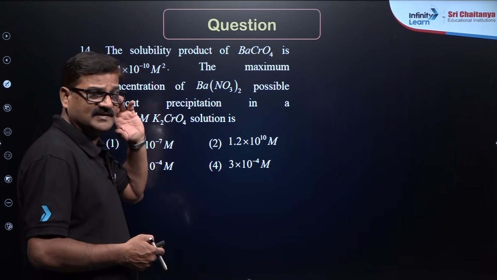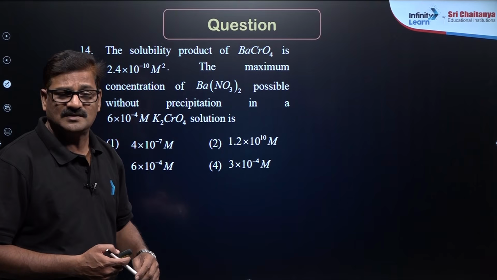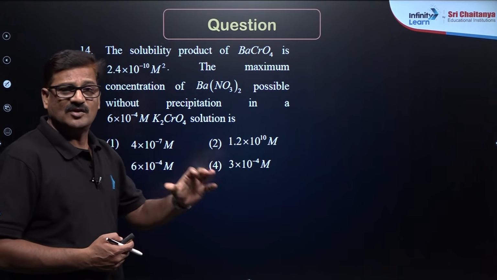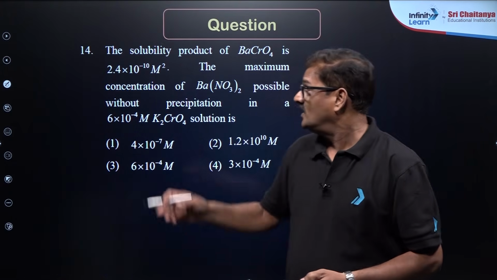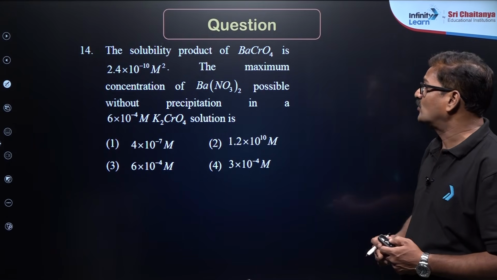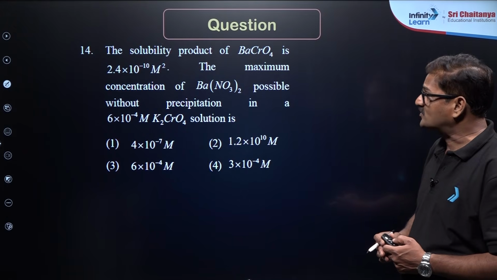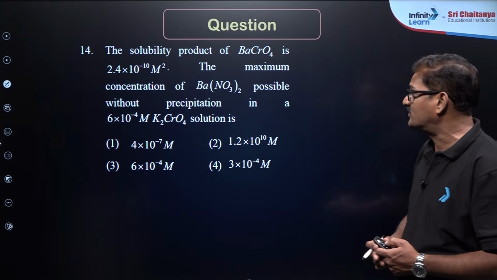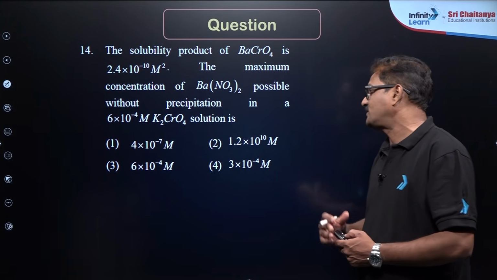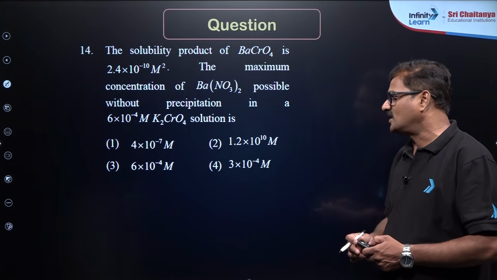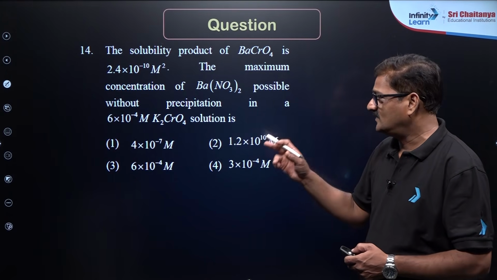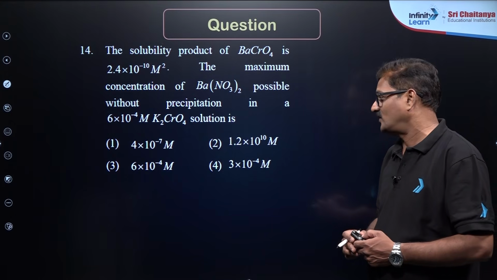Here is another question, students, based on the solubility product constant. The solubility product of barium chromate is 2.4 into 10 raised to negative 10 molar square. The maximum concentration of barium nitrate possible without precipitation in K2CrO4 of 6 into 10 raised to negative 4 solution is.